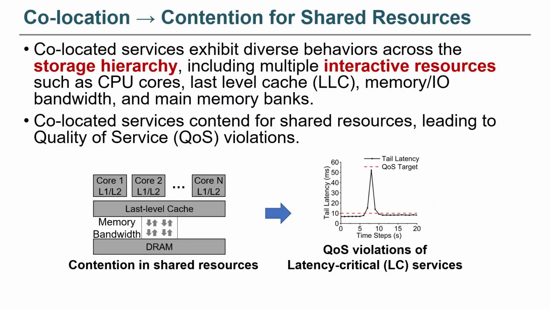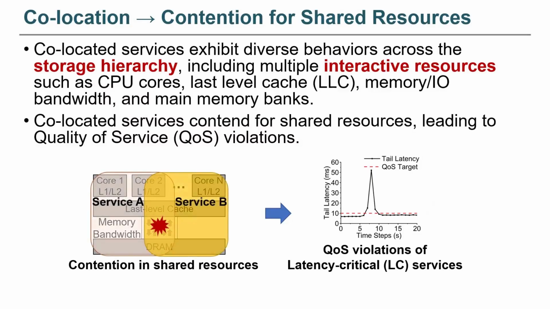These co-located services exhibit diverse behaviors across the storage hierarchy, including multiple interactive resources such as CPU cores, LLC, memory bandwidth, I/O bandwidth, and main memory banks. These co-located services contend for shared resources, leading to QoS violations of LC services. LC services have strict QoS targets. Violating the QoS targets often leads to financial loss.